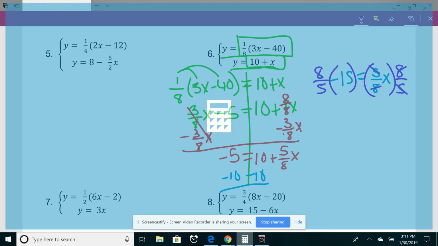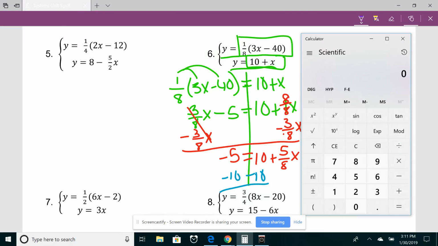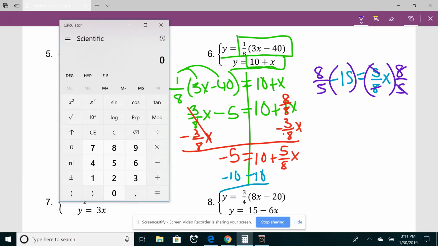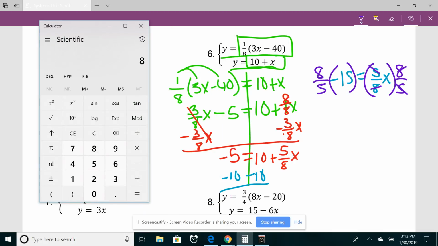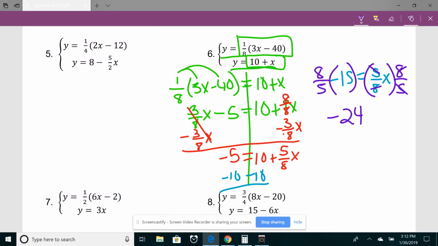I'll show you how to do that in your calculator. 8 divided by 5 times 15 negative equals negative 24. So that is my x.